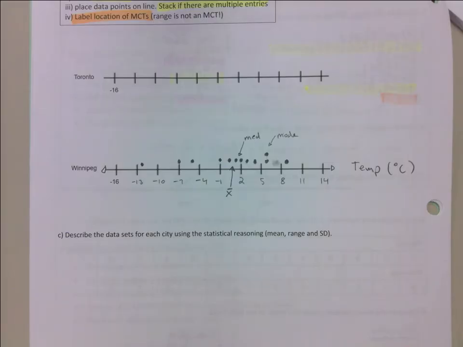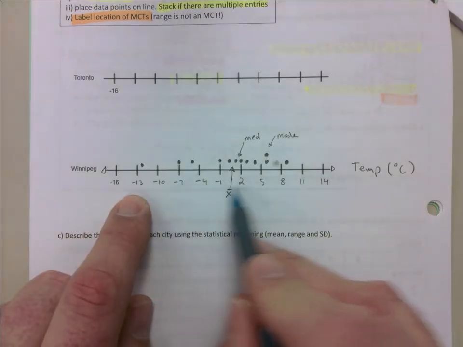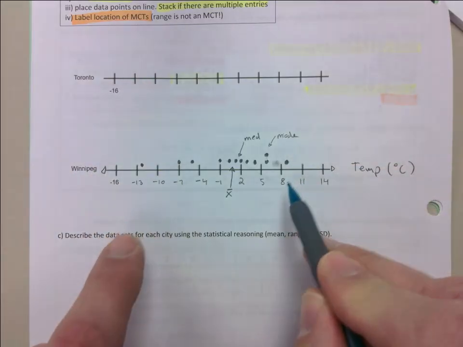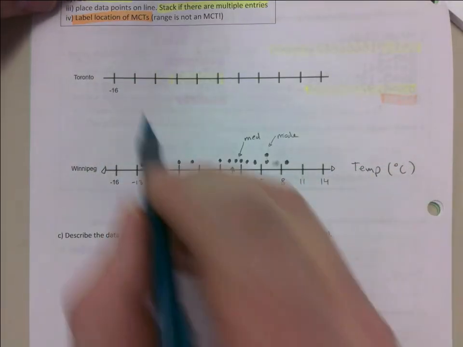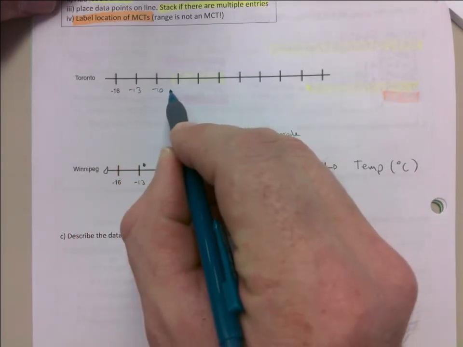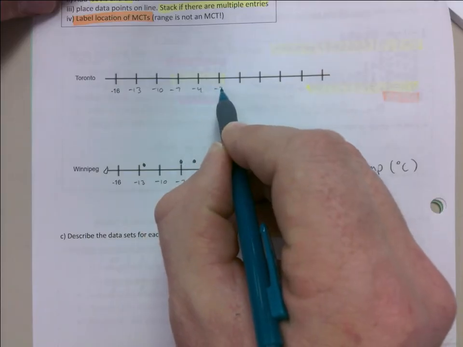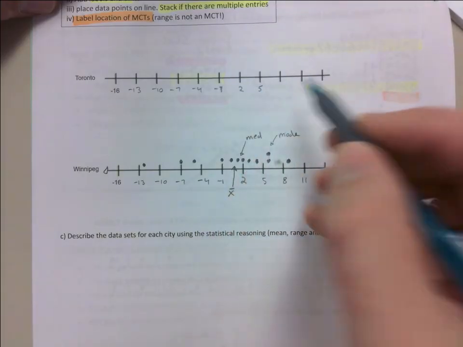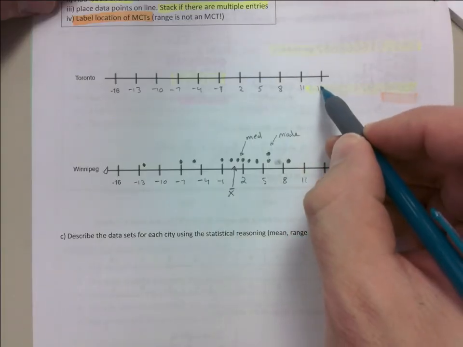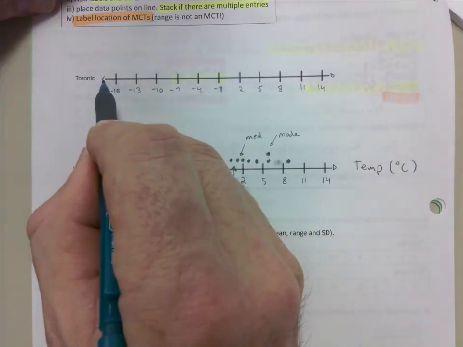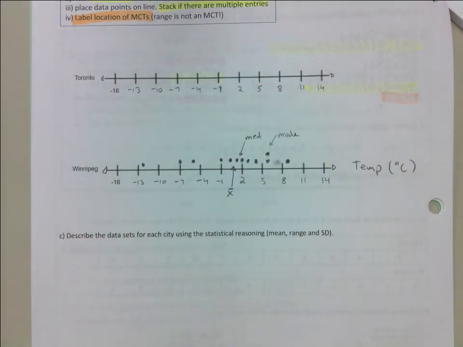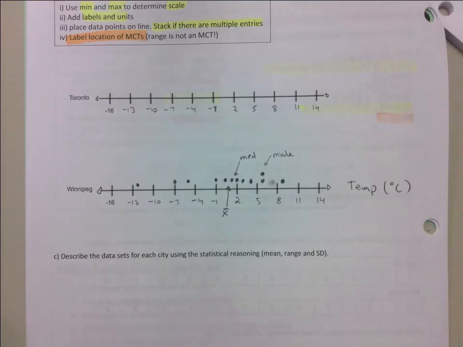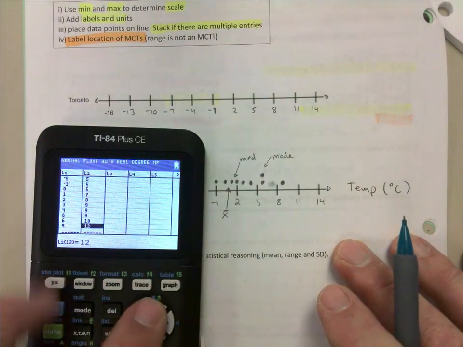And then we do the same thing for Toronto. I'm going to use the same scale in this case because I like to compare these two. If it didn't compare, I wouldn't really care. So I'm going to copy the exact same numbers. I already have these points in my calculator.